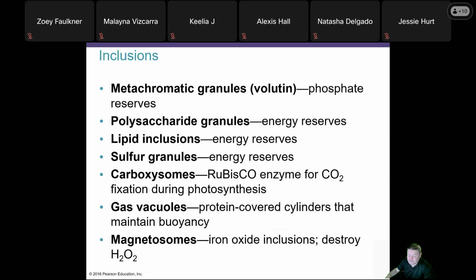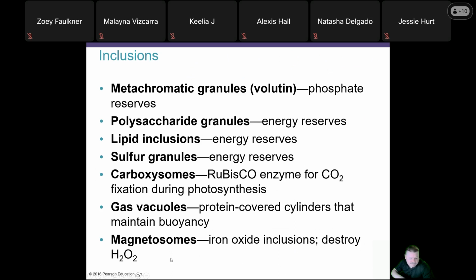If it's a photosynthetic bacteria, you can have gas vacuoles to help them float, maintain buoyancy. These are bacteria that live in the ocean typically. And then magnetosomes are iron oxide inclusions, and this helps to destroy a toxic substance, peroxide. So it helps to break that down.